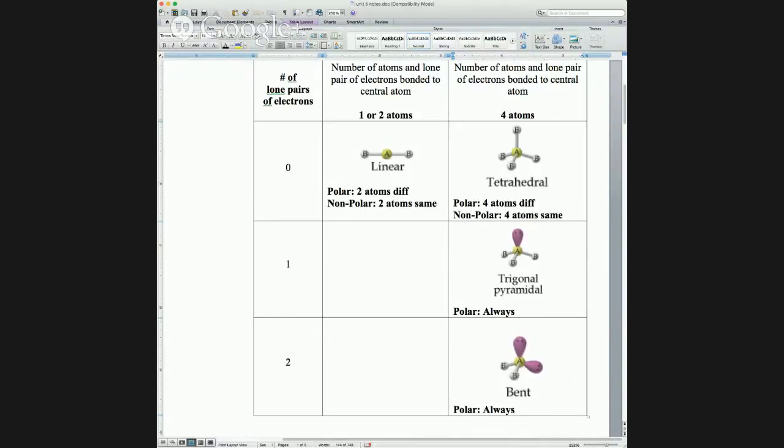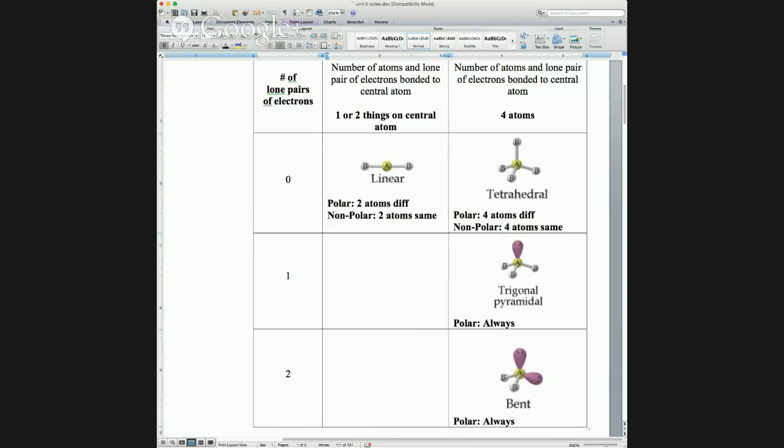All right. So I would say this. I'm going to change this on here. It's not going to appear anywhere else but on my computer right now. We're going to say this. So you have a central atom. So one or two things on central atom. Now, if there's only one thing on the central atom, then there's only two atoms.